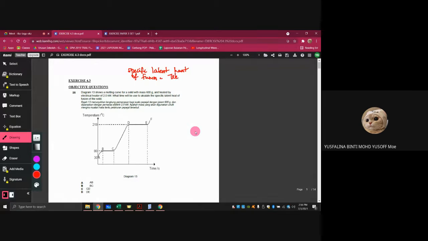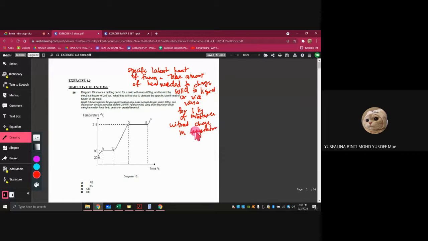So what does it mean by specific latent heat of fusion? The amount of heat needed to change solid to liquid, or vice versa, for 1 kg of substance without change in temperature.